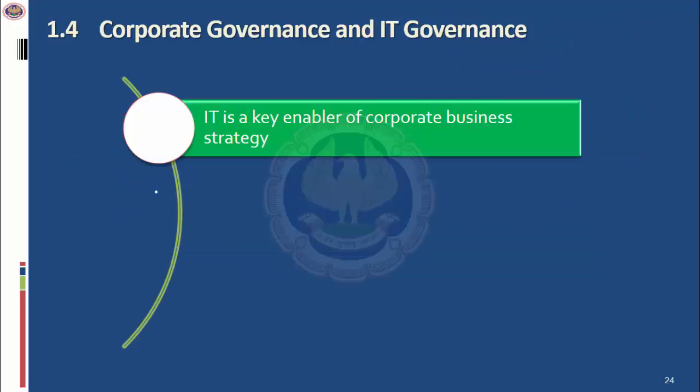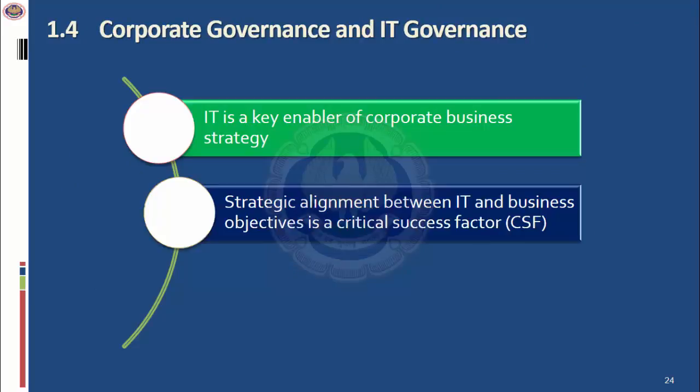Let's look at corporate governance and IT governance. We know that in most enterprises, IT is a key enabler for corporate business strategy. So you have to consider how IT is deployed within the enterprise. There has to be strategic alignment, which I was referring to in the earlier slide, between IT and the business objectives. And you also need to demonstrate the critical success factors. The critical success factors for IT is not in terms of the performance of IT based on the parameters set by the IT, but based on the business parameters.